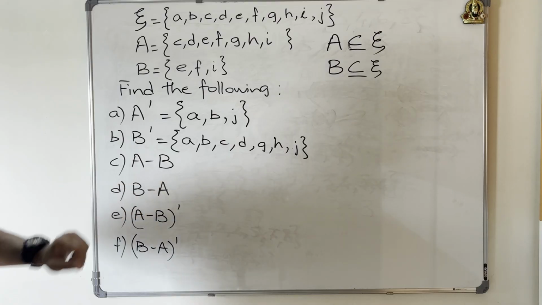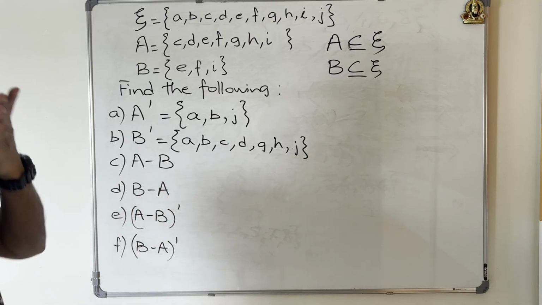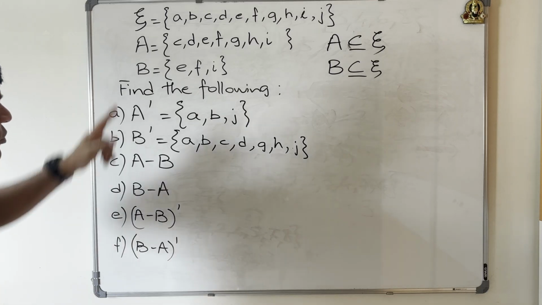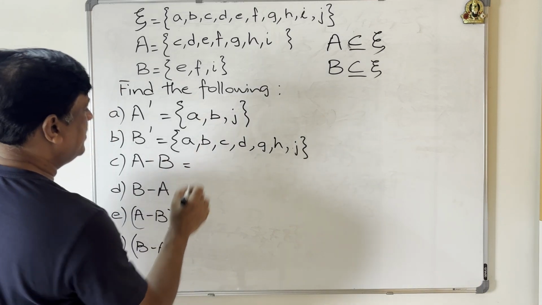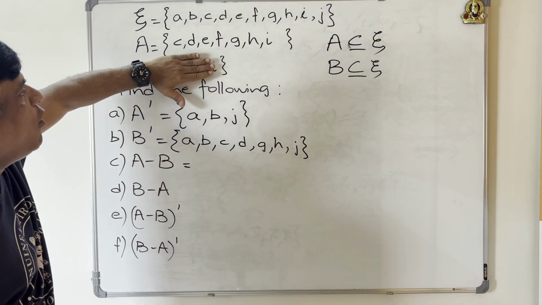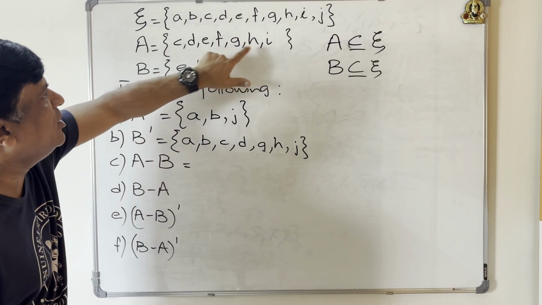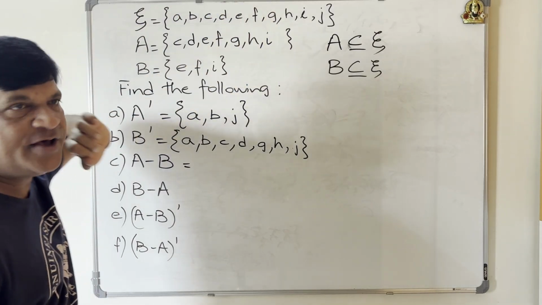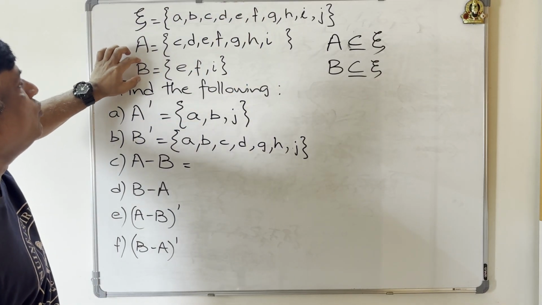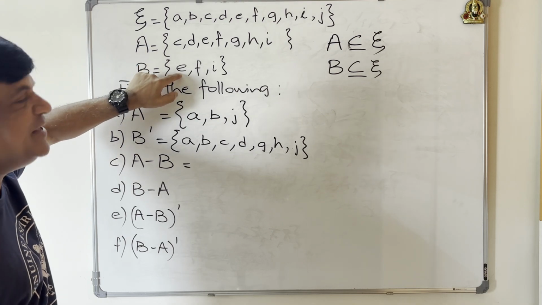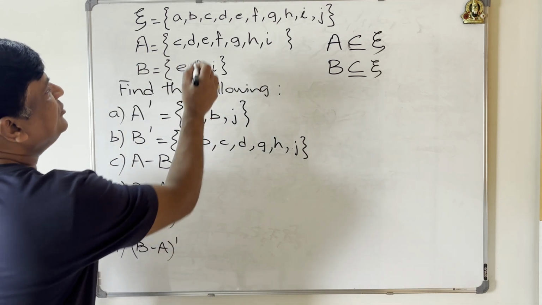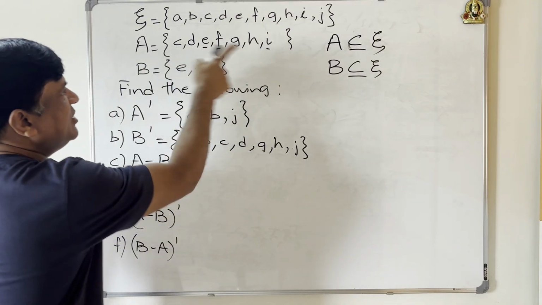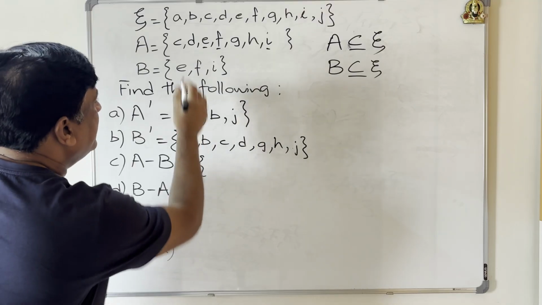Now, there is one more thing over here. A minus B. What do you mean by A minus B? What you need to do is remove all the items of B from A. Look at it. A has all these values, but it doesn't want to include the elements which are there in B. So you need to remove these items E, F and I. So what is left in A?